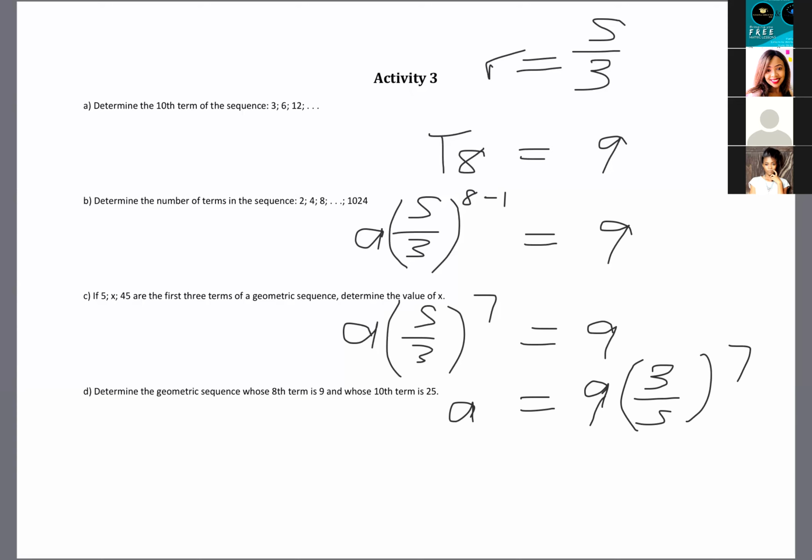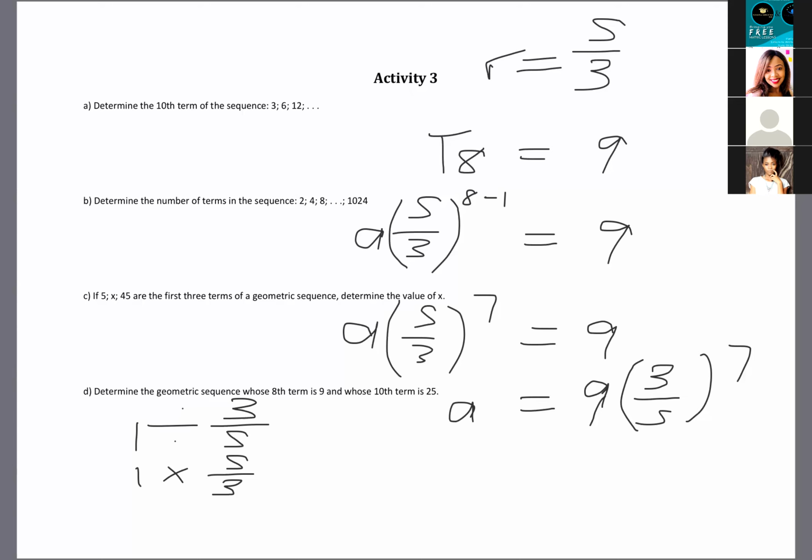Are you with me? Ma'am, is it multiplied by or divided by? Here, I'm going to multiply it. Remember, if I have 1 divided by 3 over 5, it's the same as saying 1 multiplied by 5 over 3. Yes, ma'am. That's what I did here.